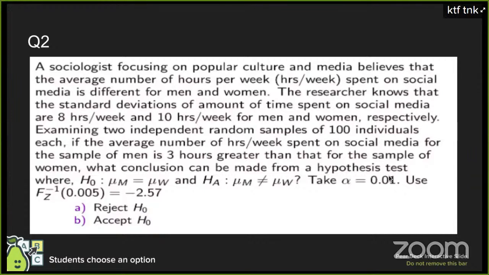To reject this, the sociologist has to do some survey or sampling, right? And he has taken 100 samples each to claim that they are different. So can we just decide that the researcher's intuitive thinking is always the alternative hypothesis?